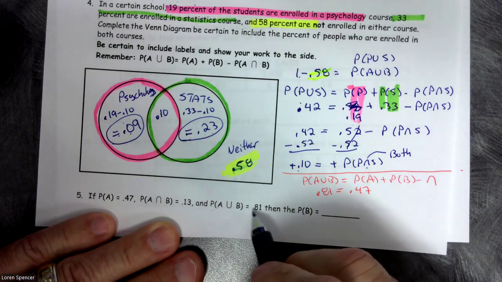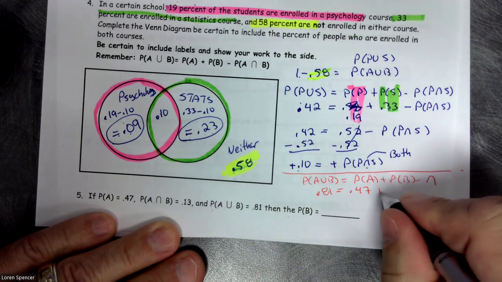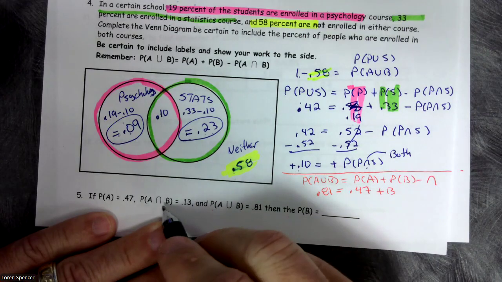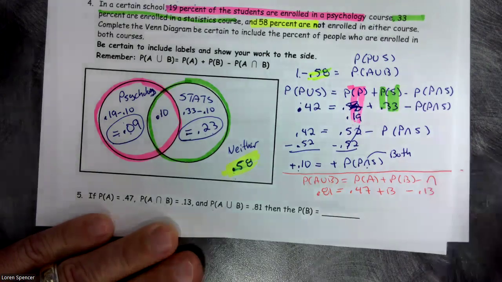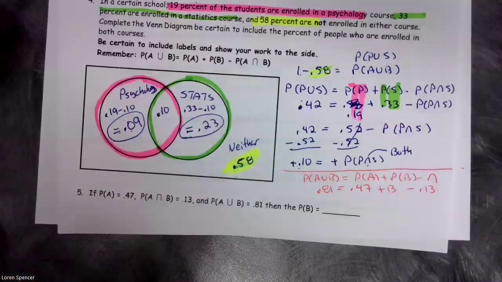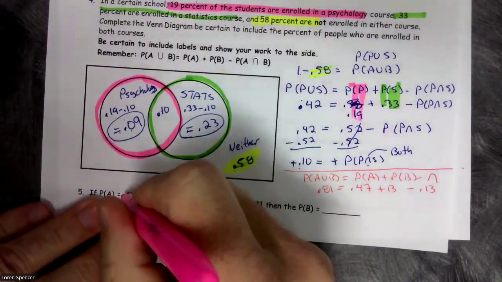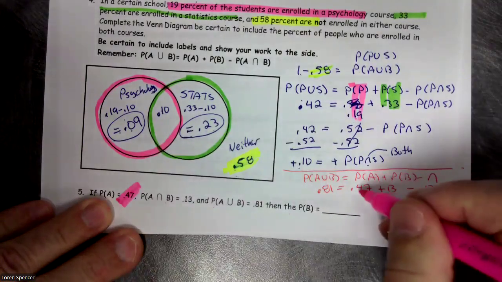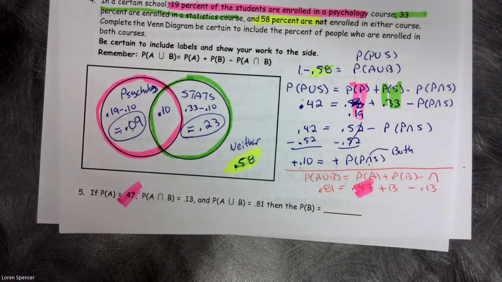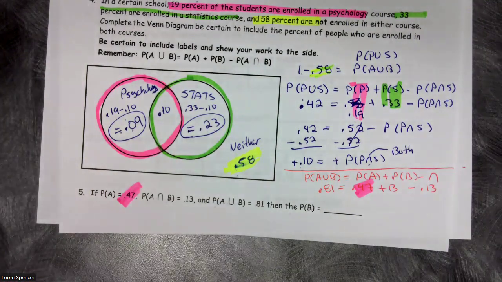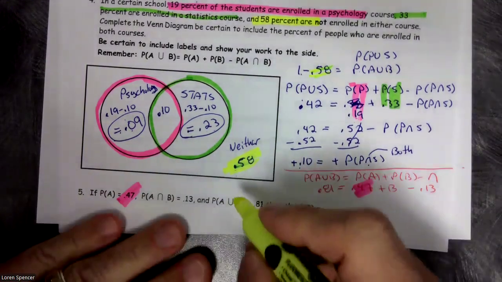We know A and B, or A union B, and that's this. And we know the probability of A and B, which is my intersection. So the only thing we don't know is B.